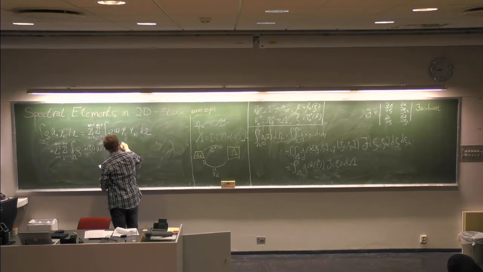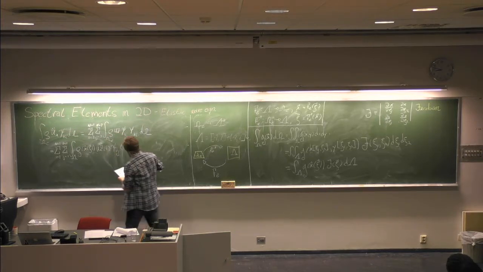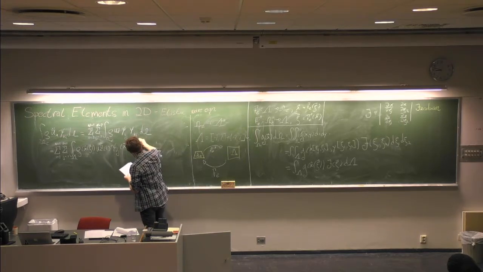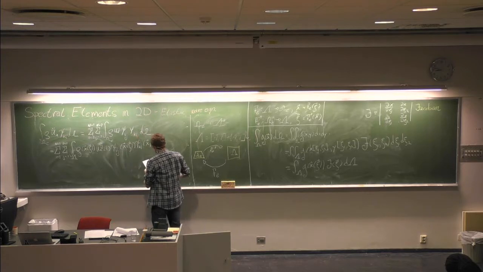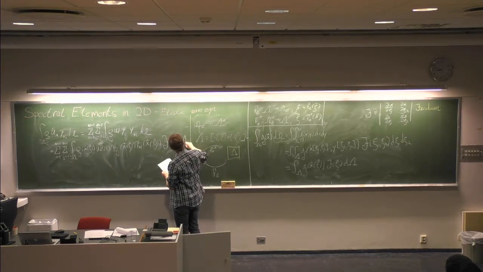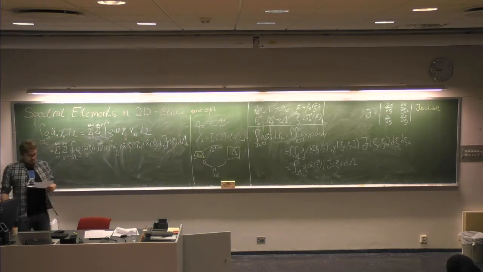Then we need a transform of our test functions or basis functions, xi kl, like so, and then j, the lambda.